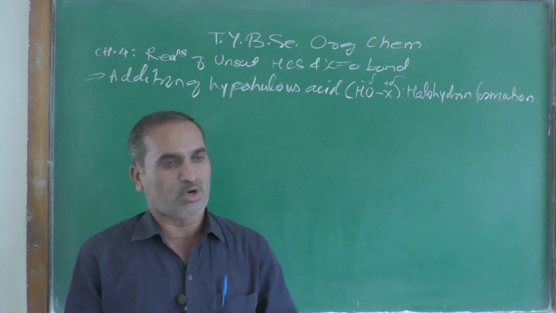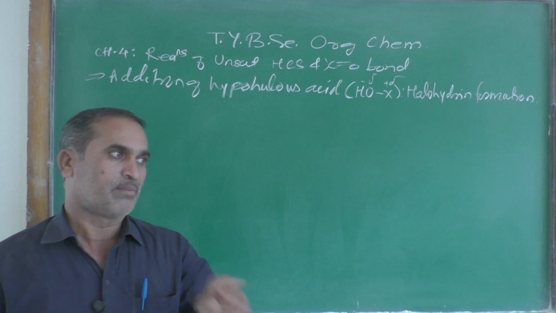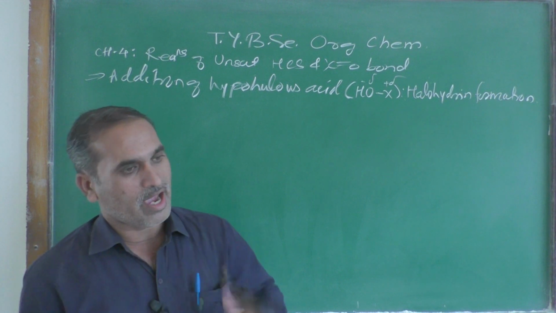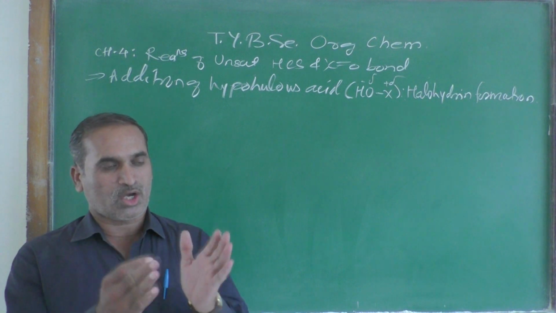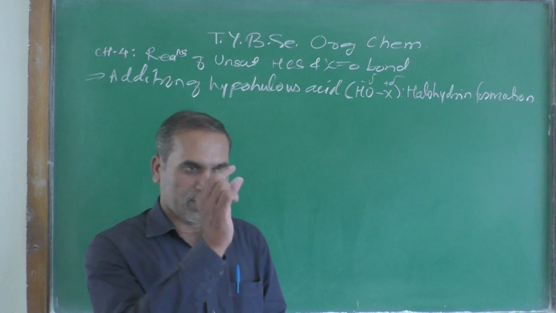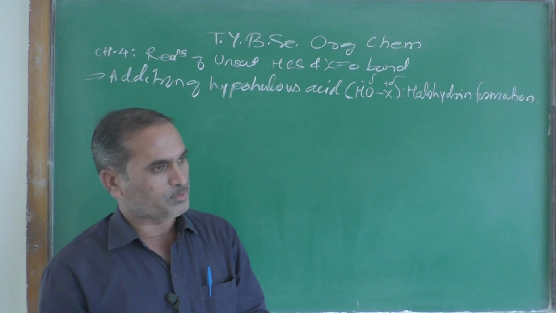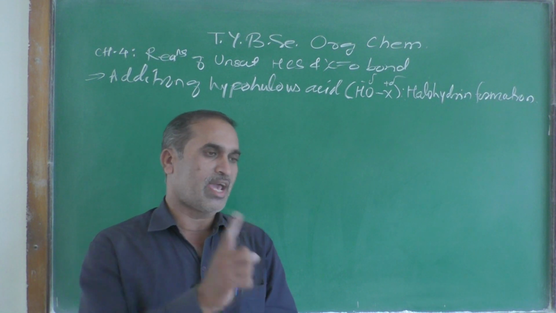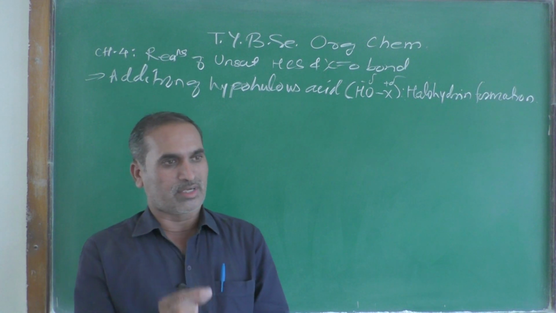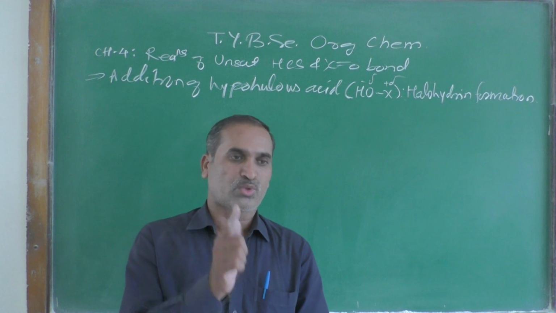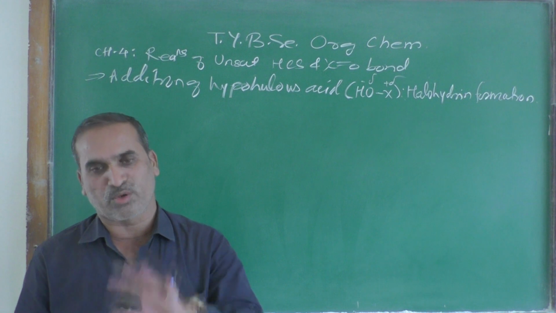Here the halogen atom acts as the plus charge and HO is the negative charge. Markovnikov's rule says that in an addition reaction, the negative part of the reagent, or addendum, attaches to that carbon atom which carries less number of hydrogen atoms.